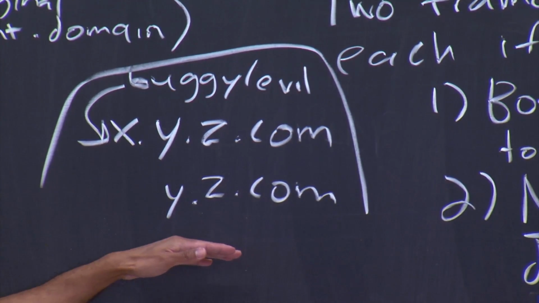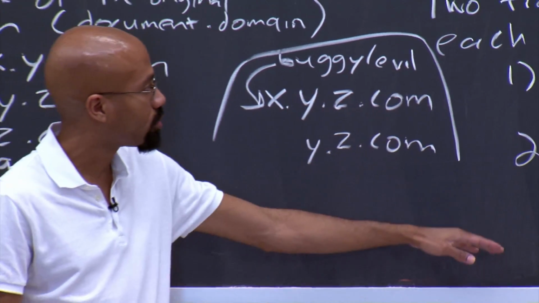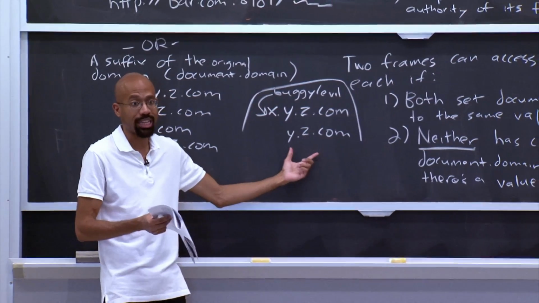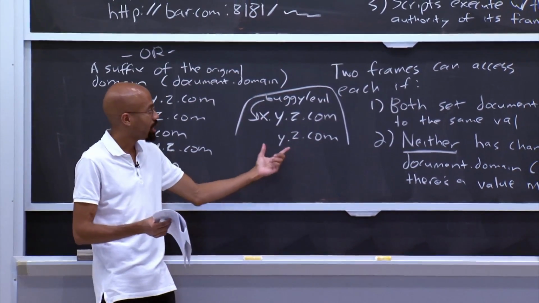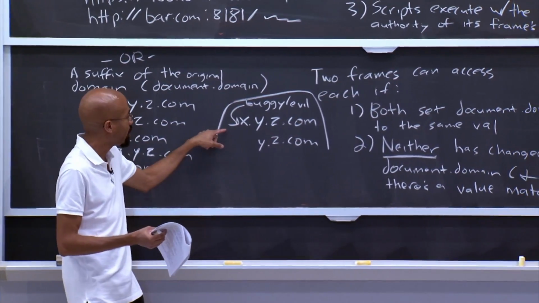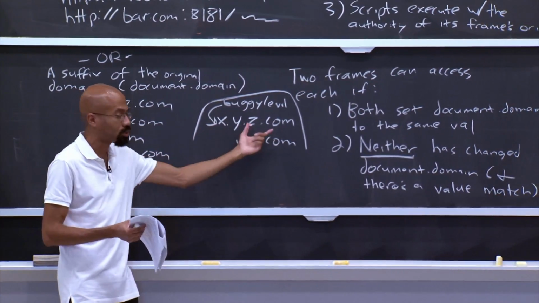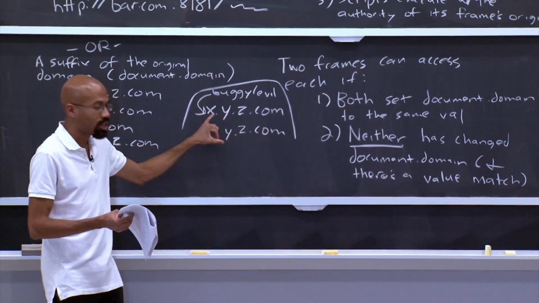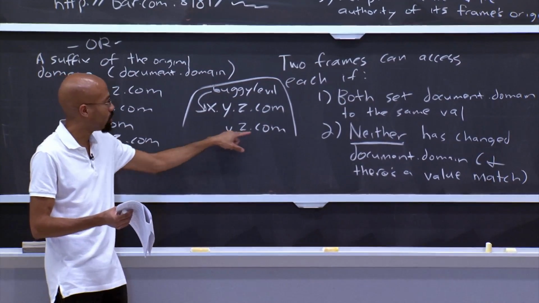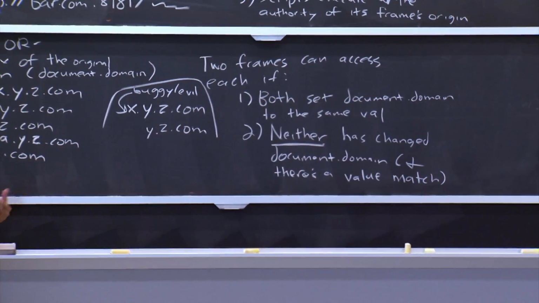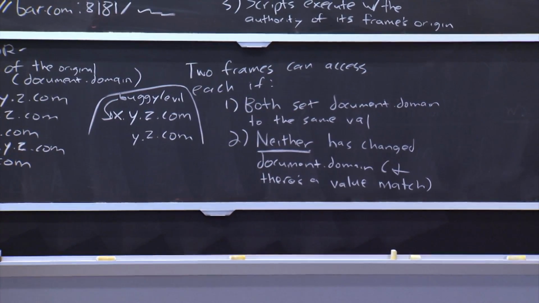And so basically what these two rules over here will say is that if y.z.com does not want to allow anyone to interact with it, it will never change its document.domain value. So that when this frame up here does shorten it, the browser will say, aha, you've shortened it. You have not. There's a match here in terms of the values, but this person hasn't indicated that they want to opt into this type of chicanery. So does that make sense?